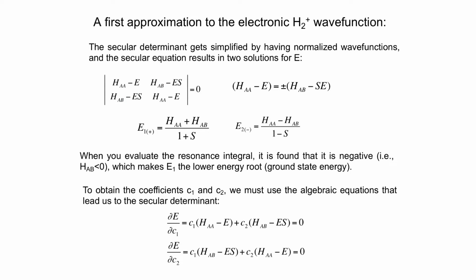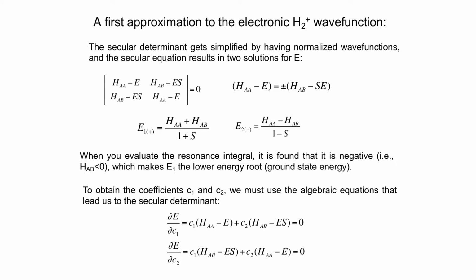Okay, that allows you to end up with this relationship, and then again, our item of interest is always going to be that energy. So we're going to rearrange and solve for E. So maybe this would be a good time to pause the video and just satisfy yourself that you can get from here to this expression, and then from here to these two options for your energy roots.